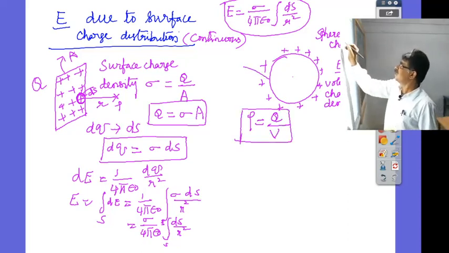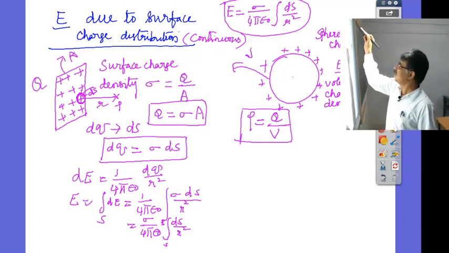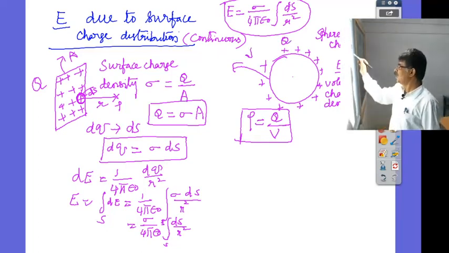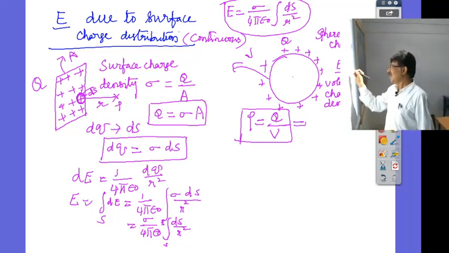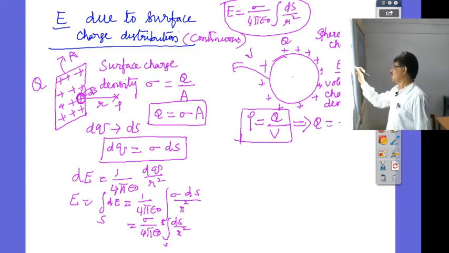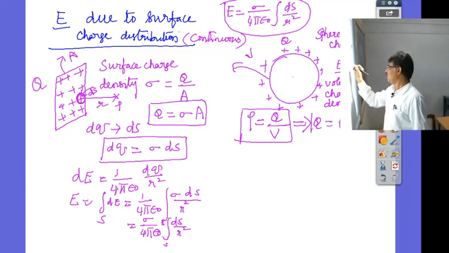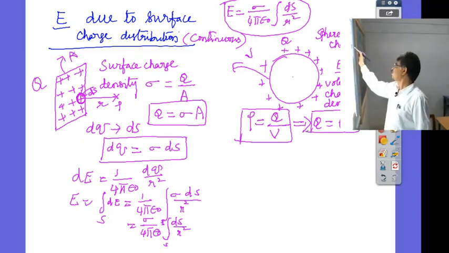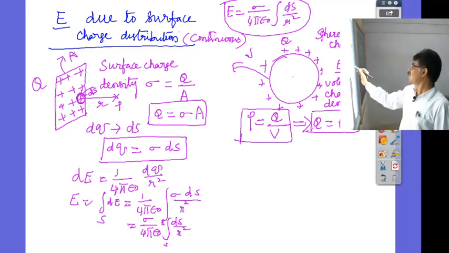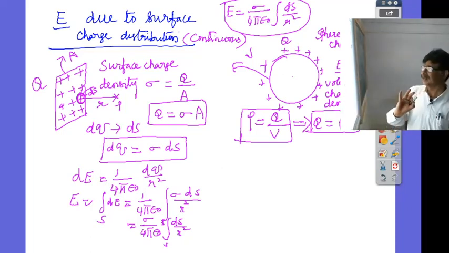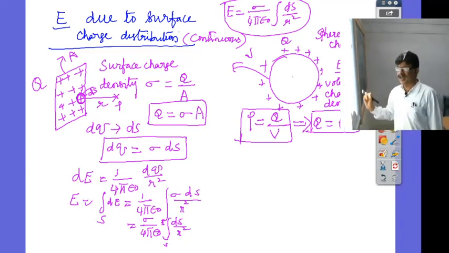Let us suppose the entire volume here is V and the total charge present is Q. Then volume charge density is Q by V. From it you can write the expression for the charge, that is rho into V.